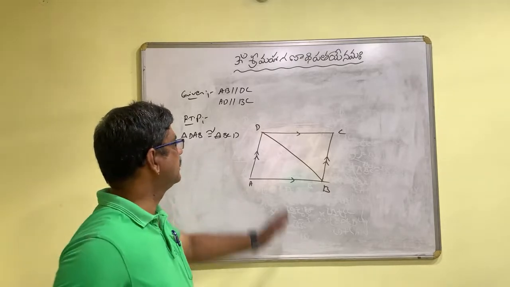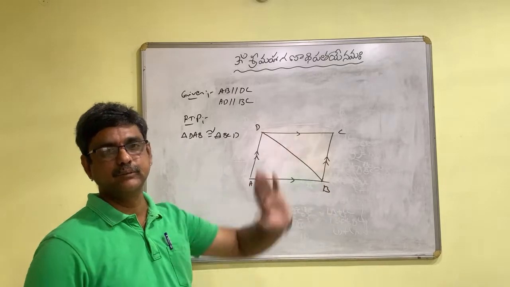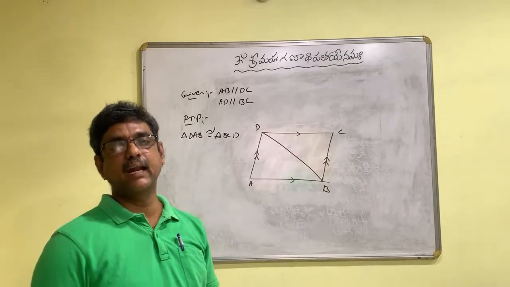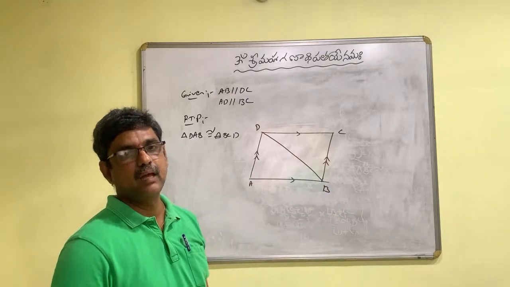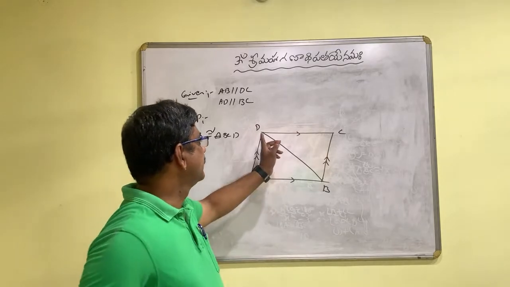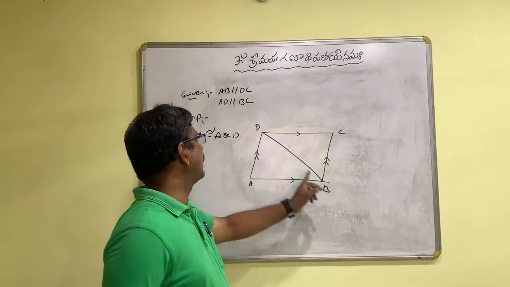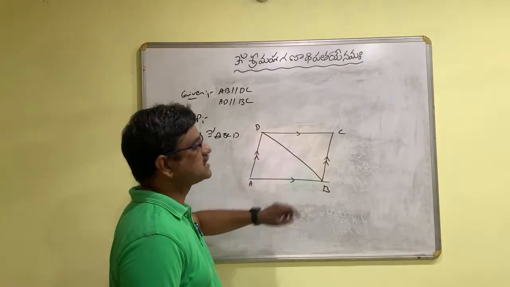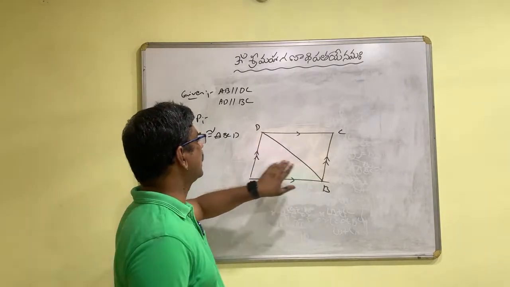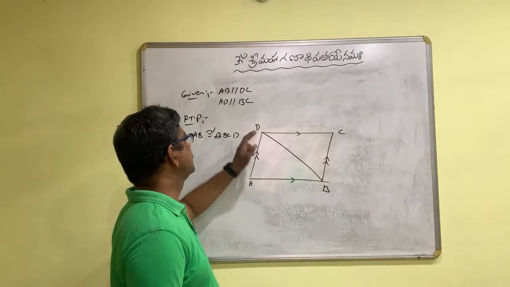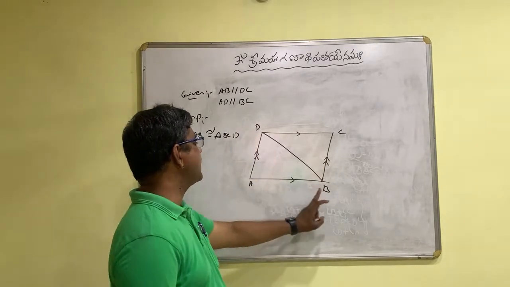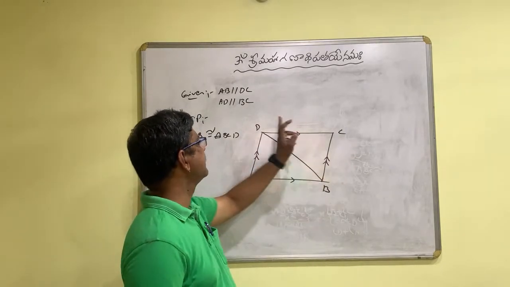I consider diagonal BD. And this diagonal, I want to prove this diagonal divides this total parallelogram into two congruent triangles. That means triangle DAB and triangle BCD are congruent.